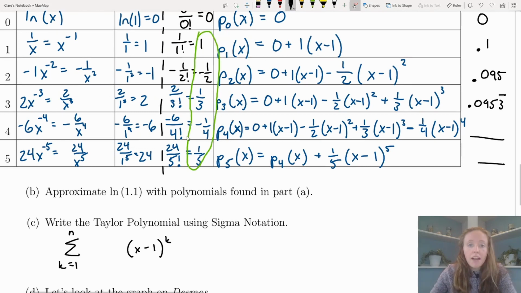So finding that pattern, we're going to have 1 over k. So we have some 1 over k, but not just a positive 1 every time. Note that our series alternates. It goes from positive to negative to positive to negative. So we have to have some -1 to the k over k.